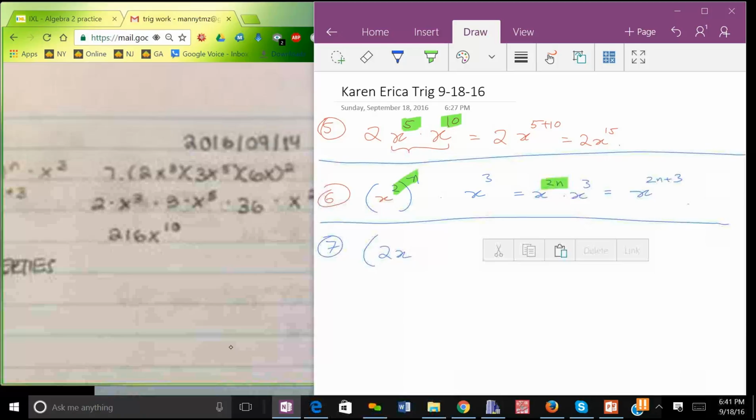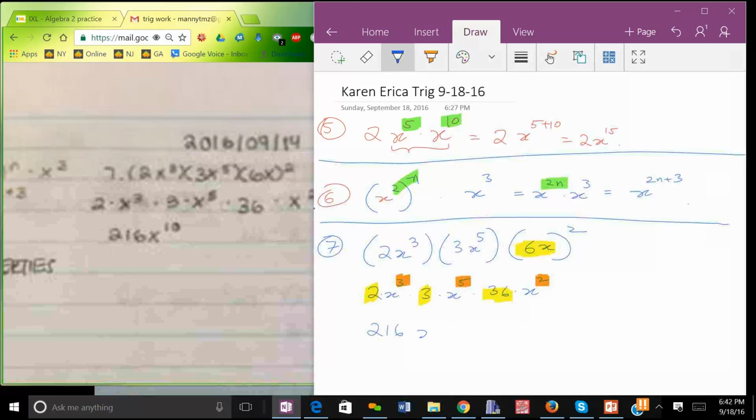And what am I going to do with the powers? I will take this 3, this 5, and this 2, and add them. That's what you do when you have powers like this and you multiply. X to the 3 plus 5 plus 2, which is 216 x to the 10. Does it make sense?